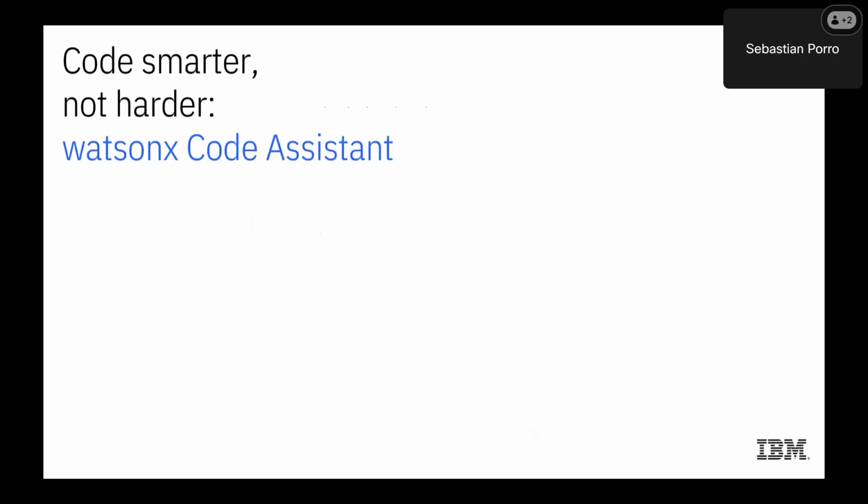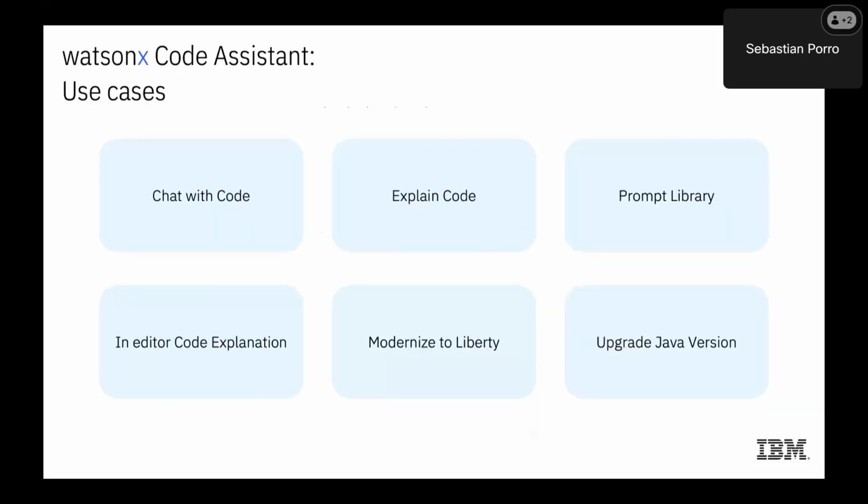And in order to help you do that and to facilitate that process is where we can share with you watsonx Code Assistant. watsonx Code Assistant is our coding tool based on GenAI that will allow you to manage the whole application life cycle.